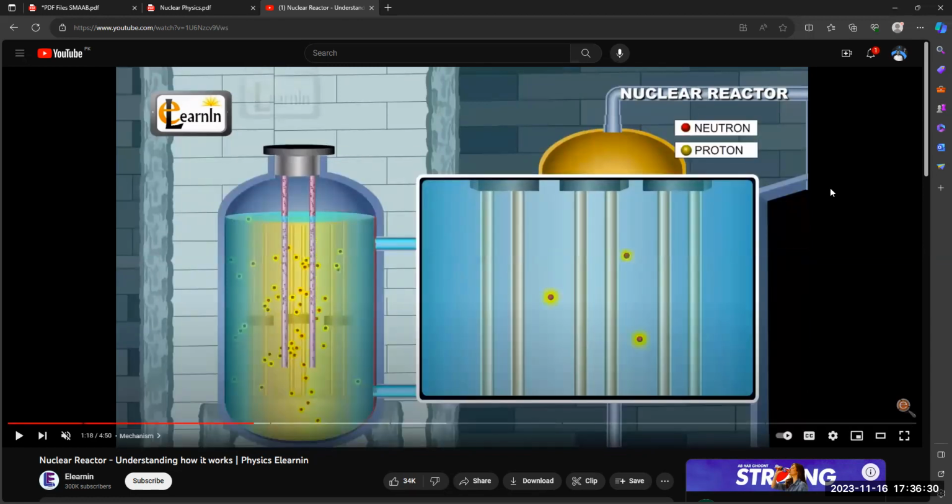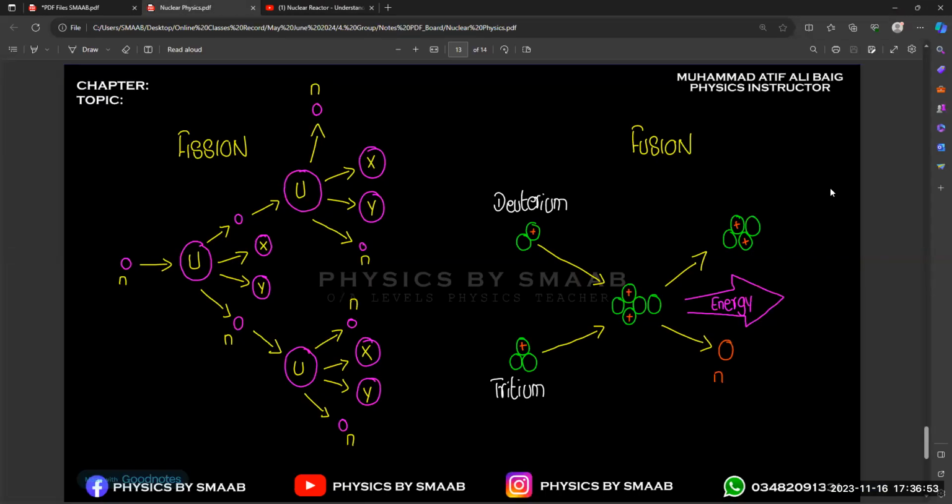Okay, now you can see these three particles are simply neutrons, right? And these neutrons are going to strike the uranium rod, and you can see when it strikes the uranium, according to fission reaction, it starts a fission reaction and splits into multiple neutrons from the uranium nucleus, right?